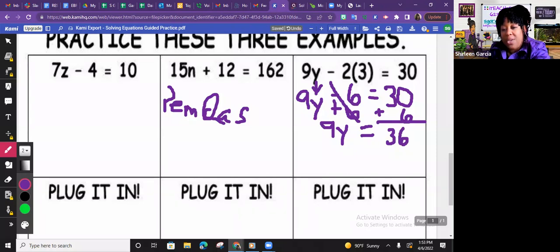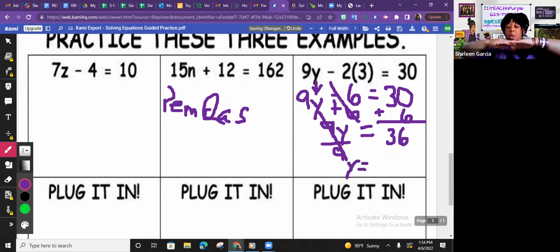This is a coefficient, the number 9, next to the variable y means multiply. The opposite of multiplication is division. So I'm going to divide 9y by 9. That cancels it out and makes y be by itself. Uh-oh.